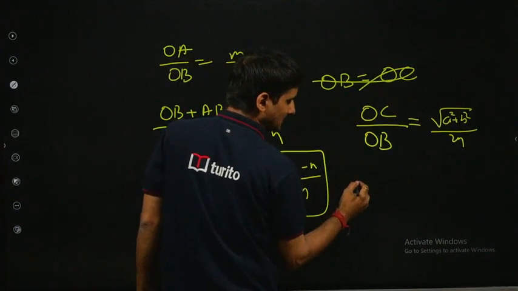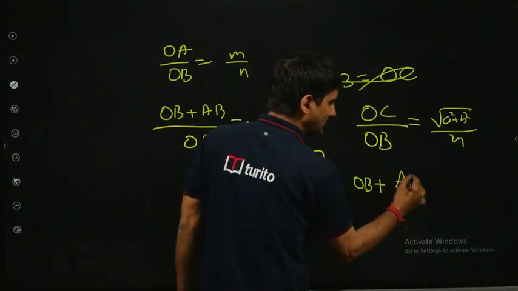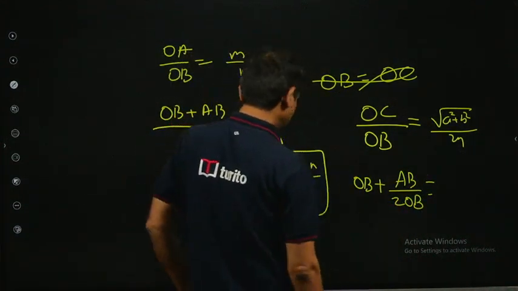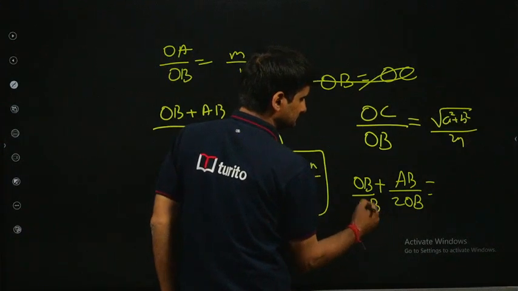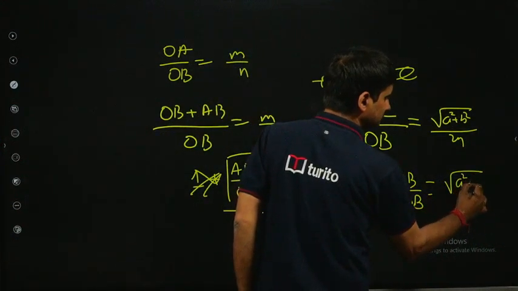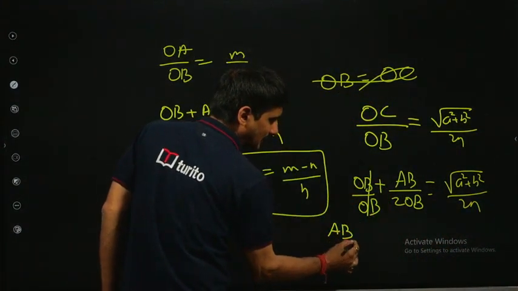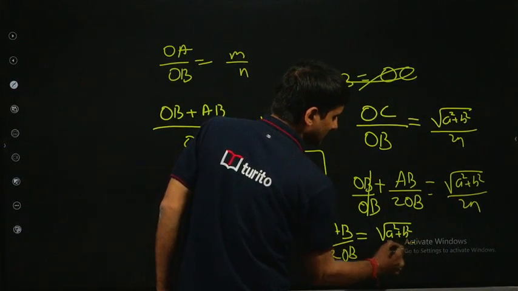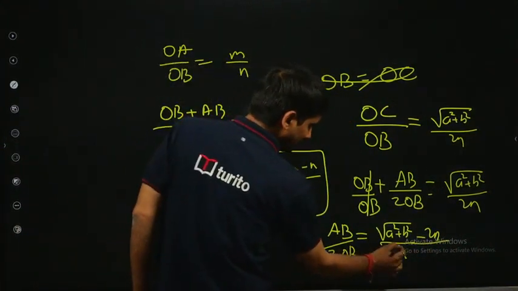Now I can write OC as OB plus BC, BC is half AB, so AB by 2OB is equal to under root of a square plus b square by 2n minus 1.